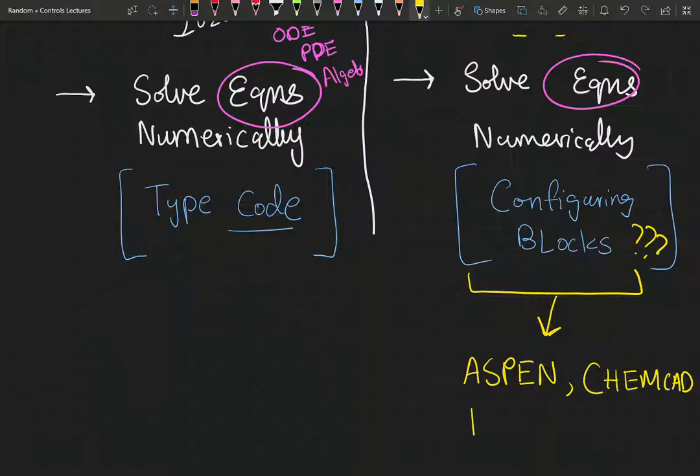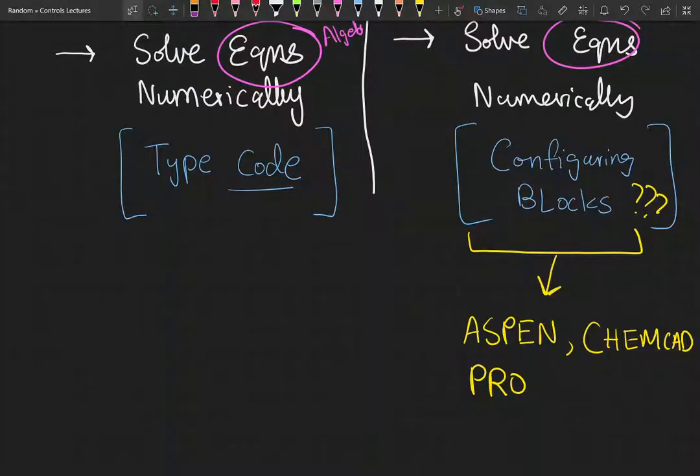And I think the other software is Pro, the ones that they use at Chevron. All these softwares, these process simulators, what you do is you select blocks, you input values, and then you click run. That process is called configuring blocks. Nothing fancy at all.